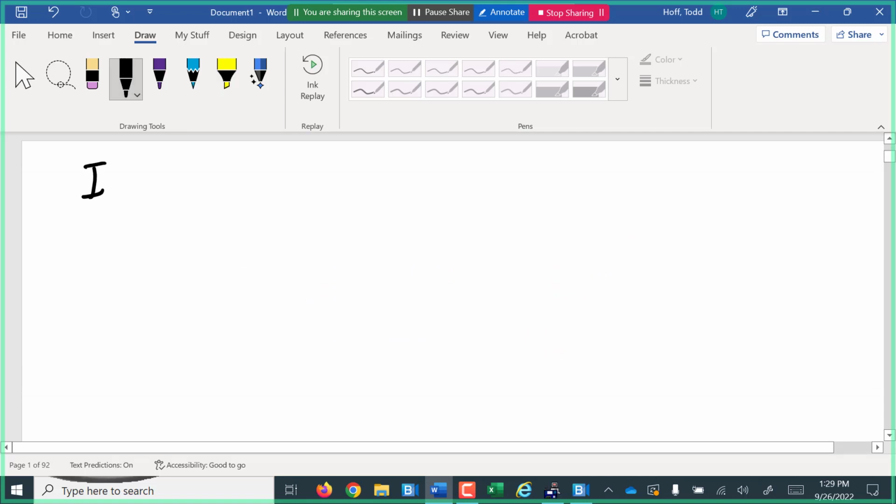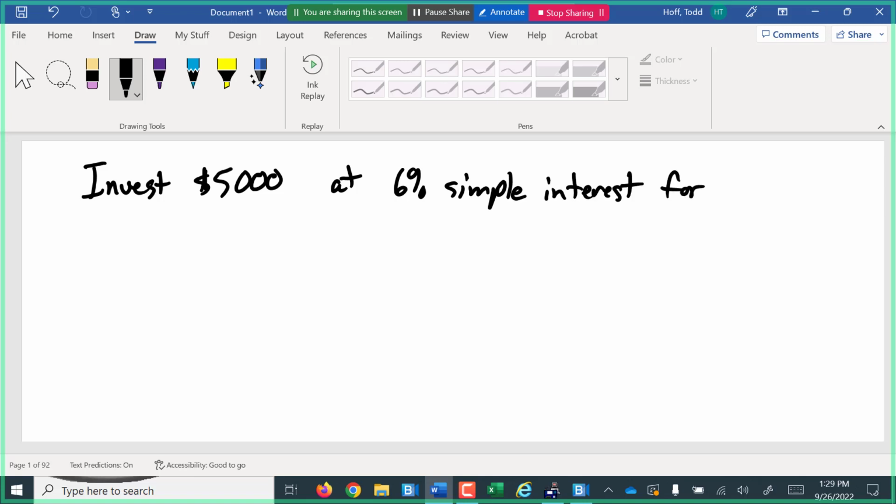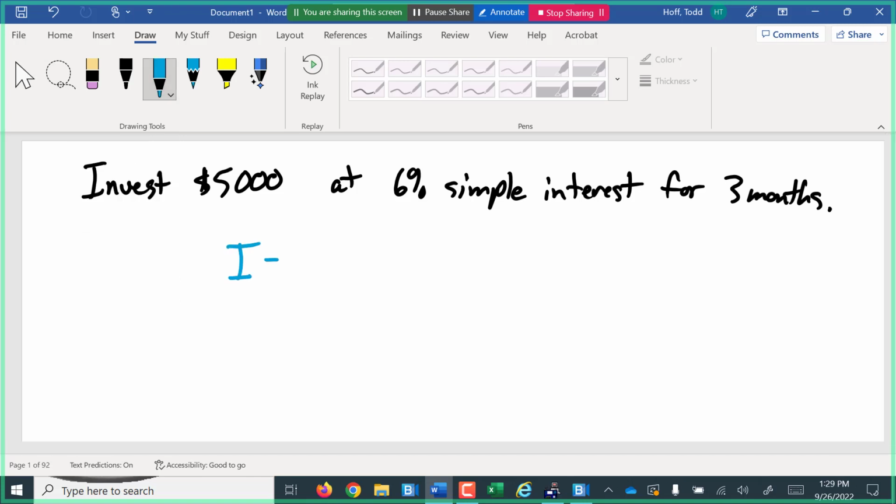So if you invest, let's do $5,000 at 6% simple interest for 3 months. So the interest here, I'm just going to put I for interest.